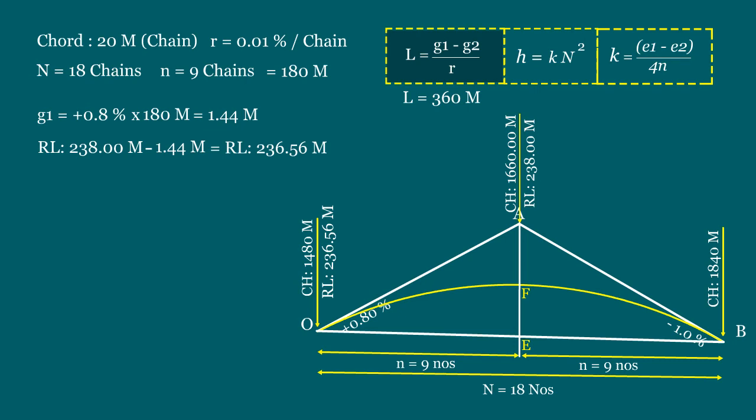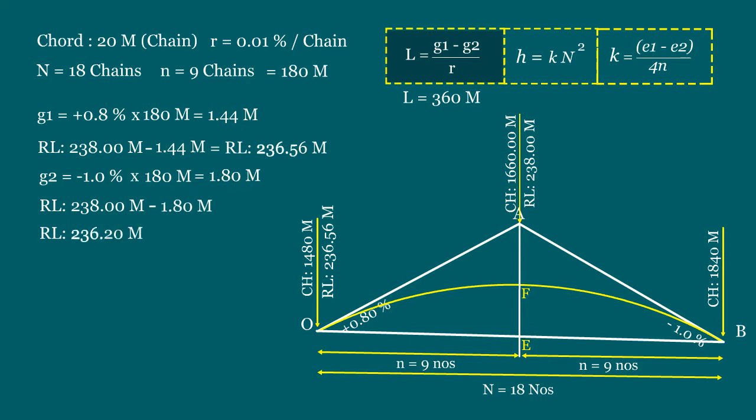Similarly, for the second tangent point, the value of G2 equals 1%, and the length of the tangent point from the apex is 180 meters. So, the difference in elevation equals 1% into 180 meters, that equals 1.8 meters. So, the RL of tangent 2 equals 238 minus 1.8 meters, that is 236.2 meters.